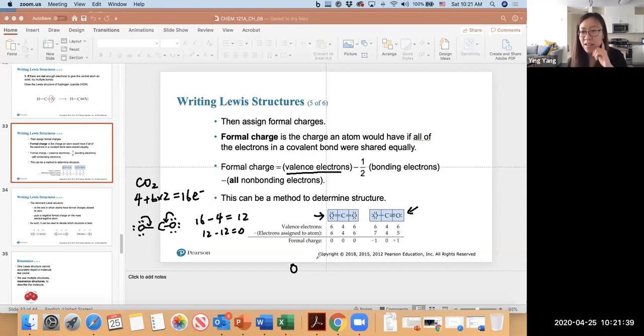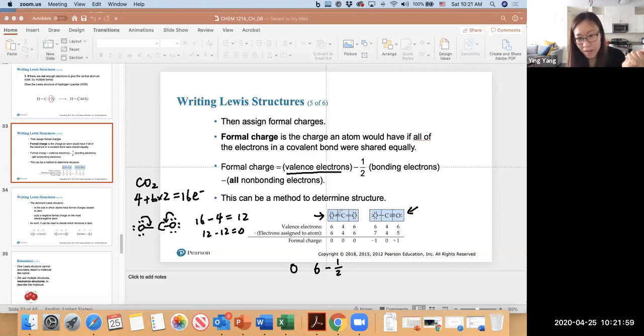So oxygen, the number of valence electrons is 6. Oxygen is right before fluorine. Fluorine is 7 and oxygen is 6. Then minus half of the bonding electrons. We count the number of bonding electrons for this oxygen here.